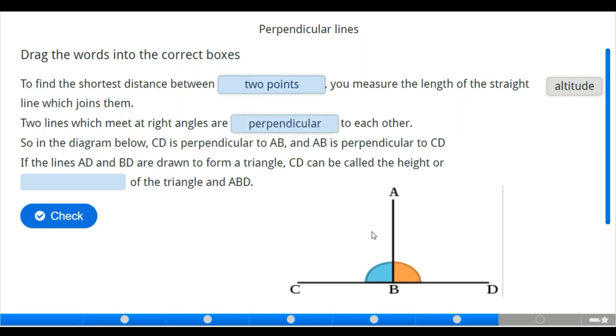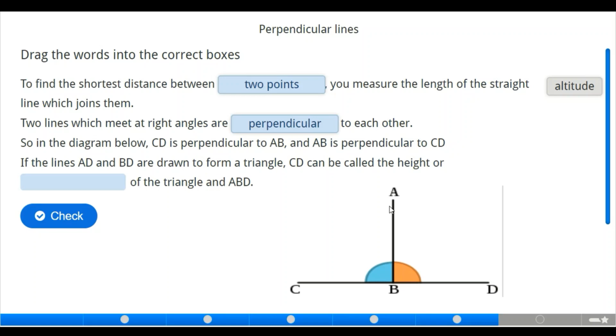Now let's look at this diagram here. In the diagram below, CD is perpendicular to AB and AB is also perpendicular to CD. If lines AD and BD are drawn to form a triangle, that type of triangle we call a right angle triangle.